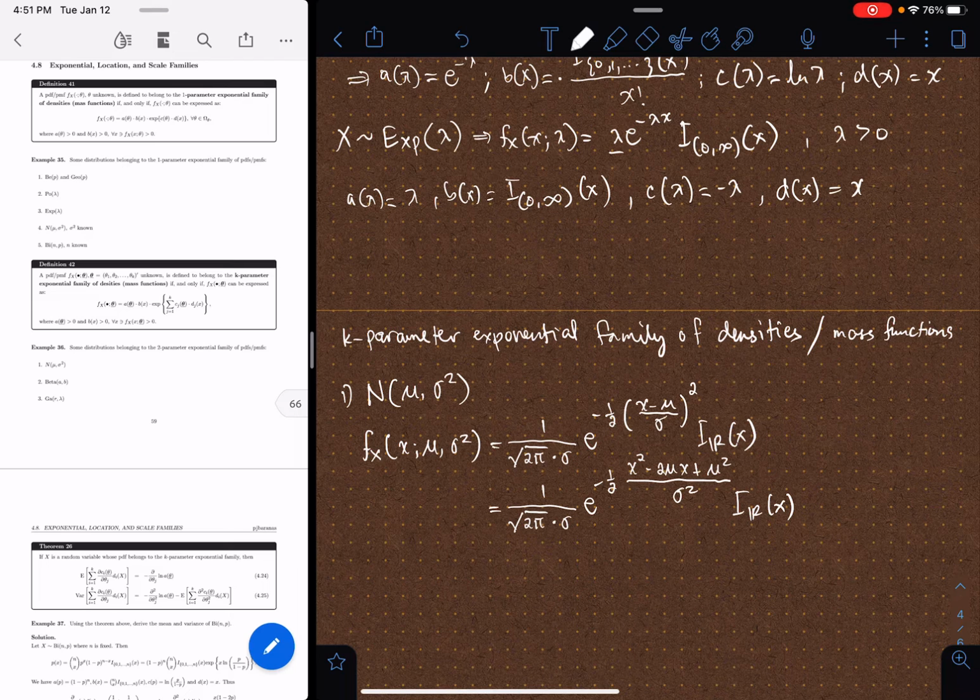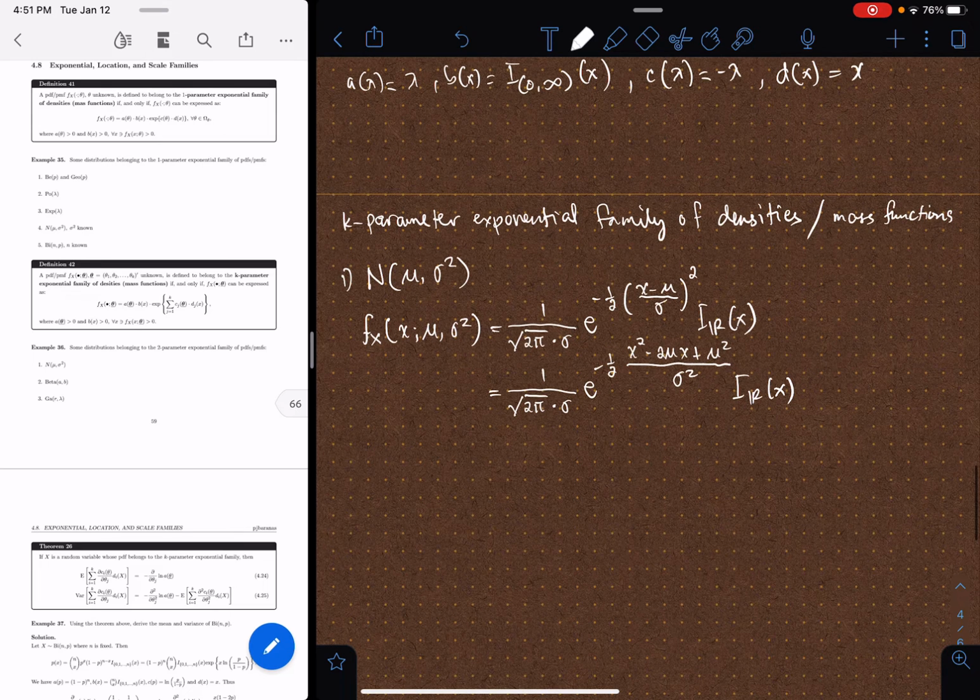Okay, so we have i-factor out natin itong e to the negative mu squared over 2 sigma squared. So, meron tayong e to the negative mu squared over 2 sigma squared, and then we have, anahin ko muna itong I r of x.